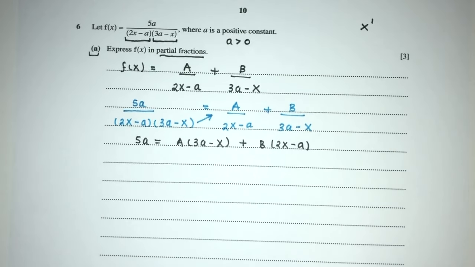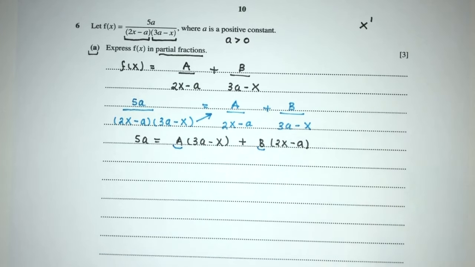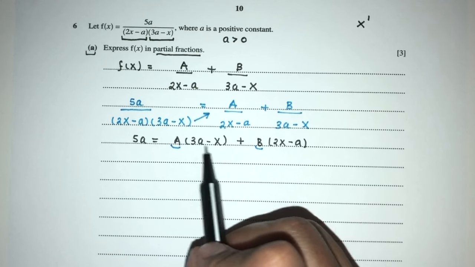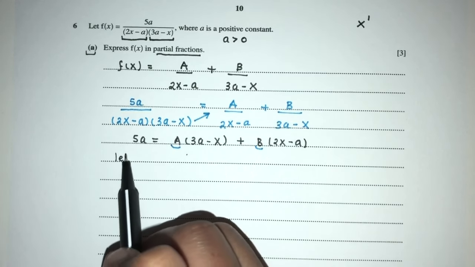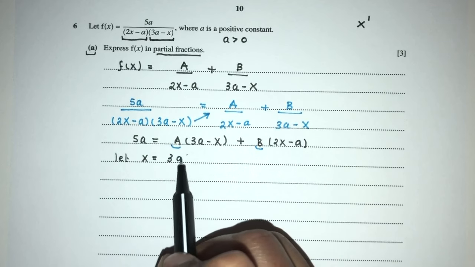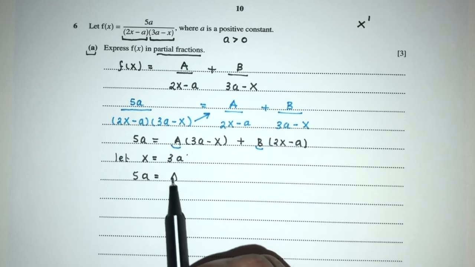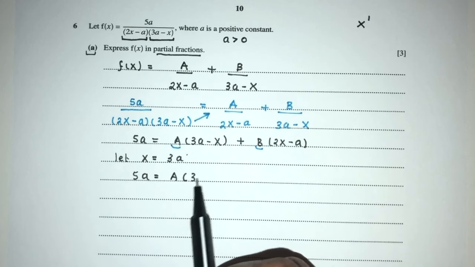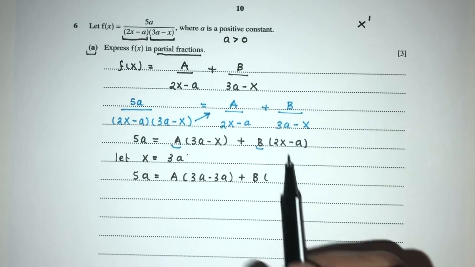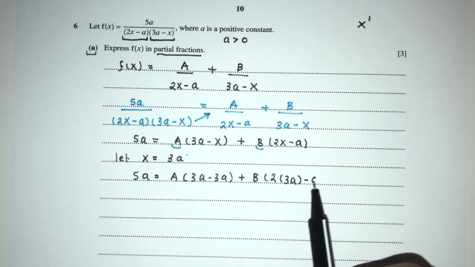So one by one, we have to try to solve for the value of this one and the value of this one, right? So let's see. Let me first choose a value of x. For example, here I can choose let x be the value of 3a. You will have 5a is equal to A times 3a minus 3a, plus B times, 2 times x will be 3a minus a.